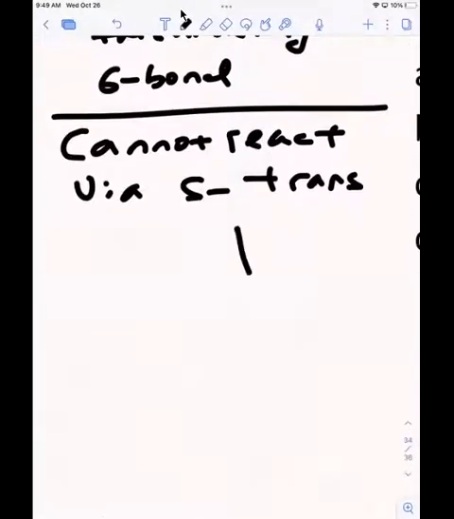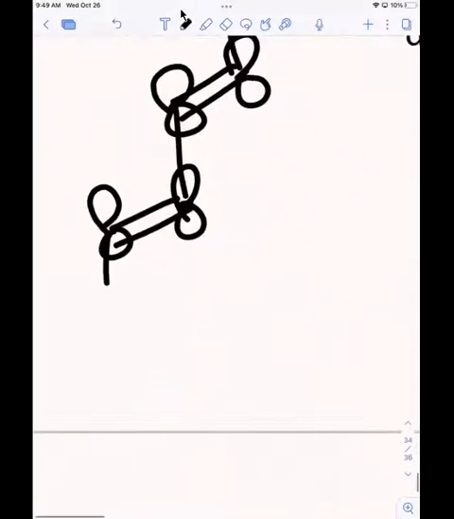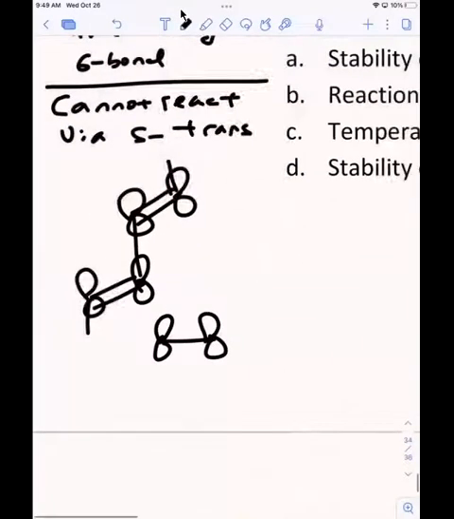And this is why. If this is my pi system and my p orbitals are here and here, and I'm trying to overlap that with a two pi system here, I can't do it.